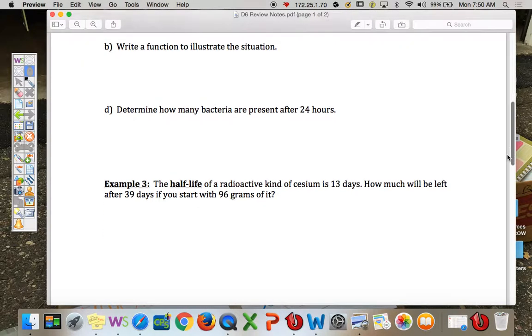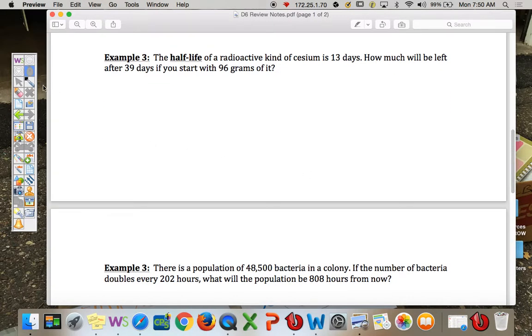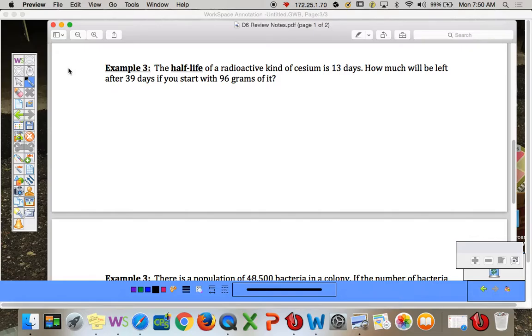Okay, the next example is half-life. And so you talk about this a lot in science. The half-life of a radioactive kind of cesium is 13 days. How much will be left after 39 days if you start with 96 grams? So let's write an equation, half-life. So 96, and it cuts in half.